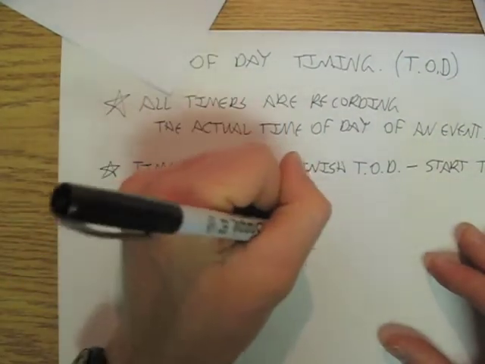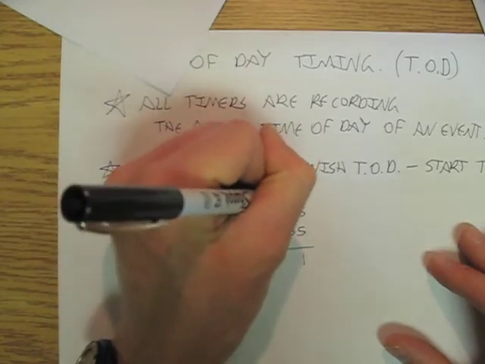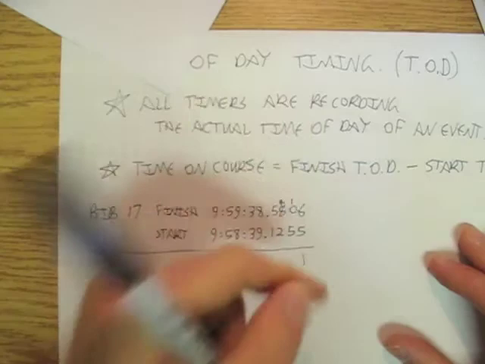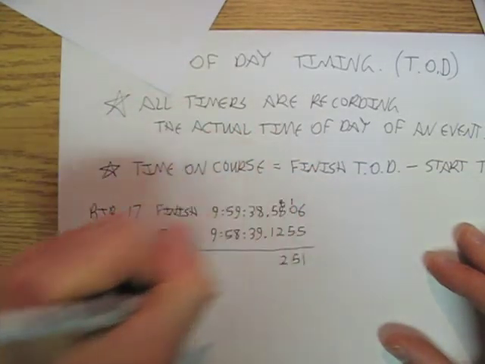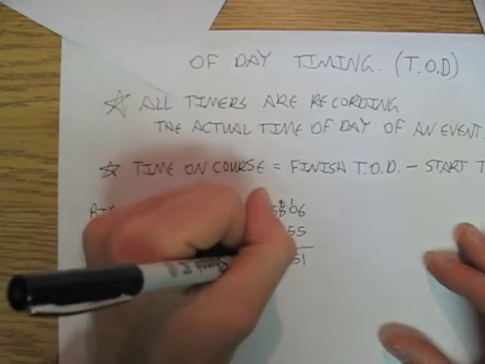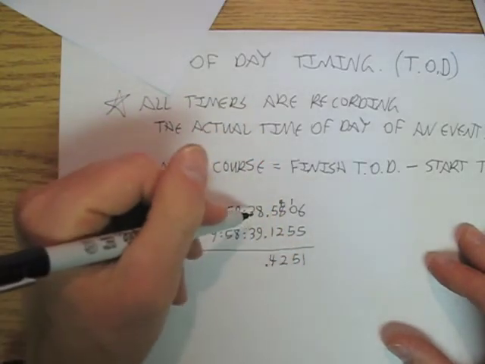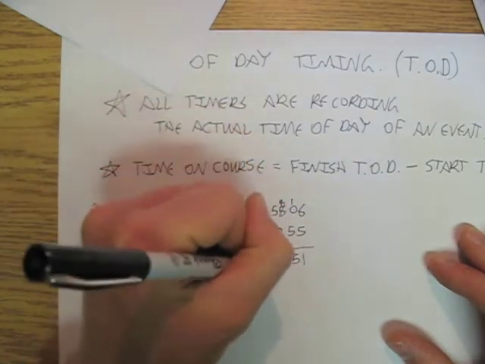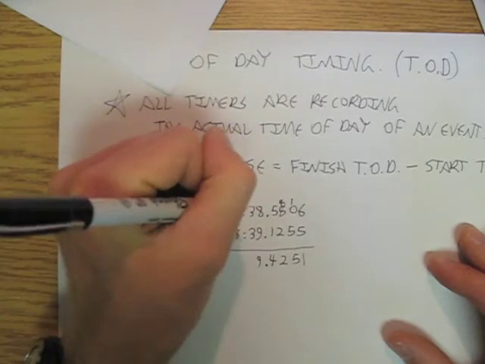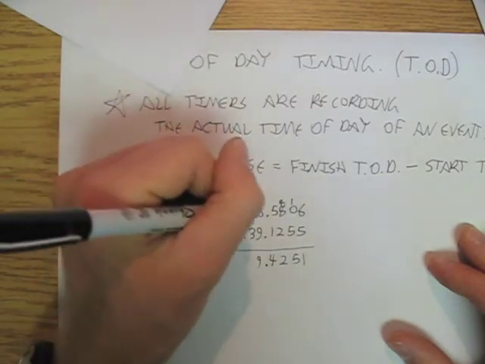Now I'm going to do another video on subtracting times, but I want to just go through this. 6 minus 5 is 1. Here I got to carry over, so it's 10 minus 5 is 5. 4 minus 2 is 2. 5 minus 1 is 4. Then we have 18 minus 9 is 9. Now this is tricky. I got to carry across a colon.